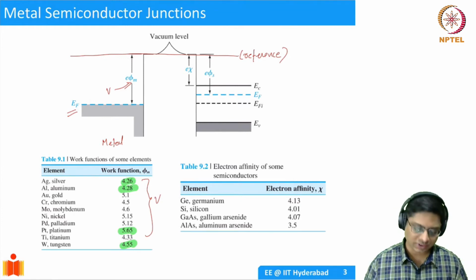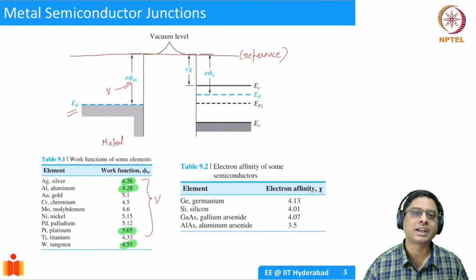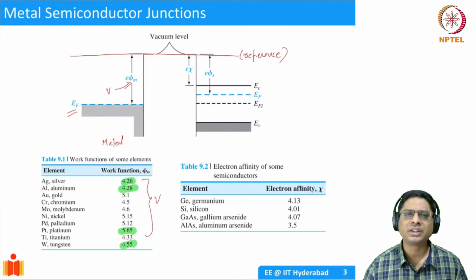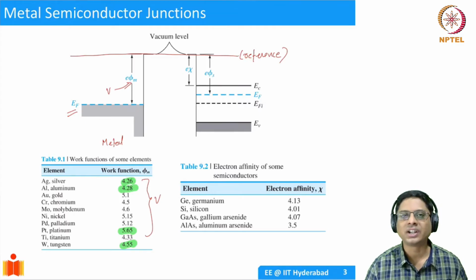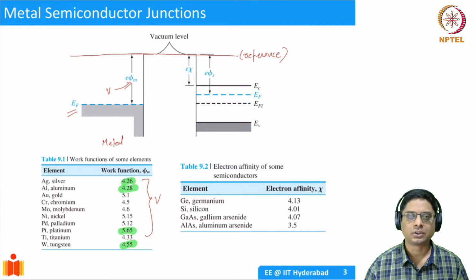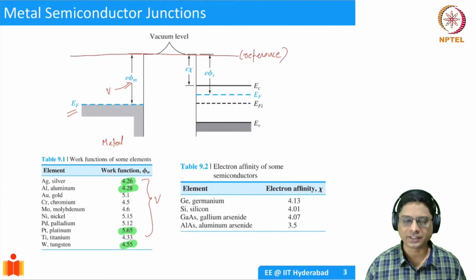So this is the work function of a material, which is a very important characteristic, and there is nothing much we can do about it. It's something you get when you deposit a material, say aluminum, and it also depends on the deposition conditions. For example, if I deposit aluminum in two different chambers with two different techniques, the work function may be slightly different. But these can be determined experimentally as well.